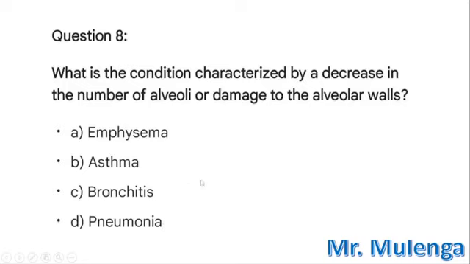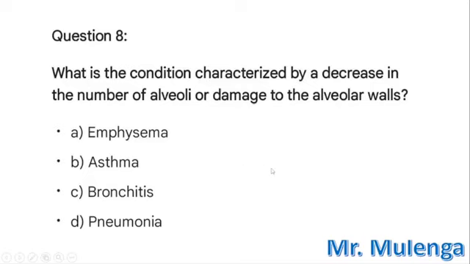So here we understand that emphysema is a chronic lung disease that causes shortness of breath. It makes individuals have challenges when it comes to breathing. This condition is characterized by the destruction of the alveoli.